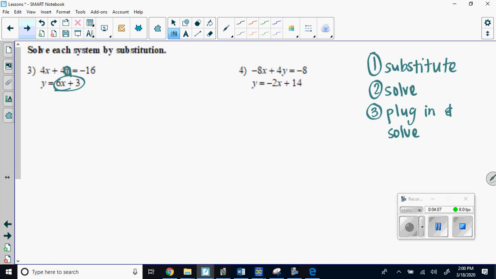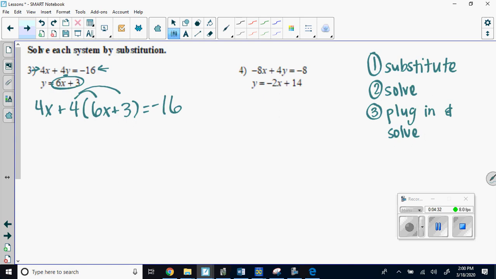Y gets plugged in right there because it's y equals. Then we get 4x plus 4 times (6x plus 3) equals -16. So I rewrote this equation exactly as it was, except where y is, I replaced it with what y equals. Then we distribute.